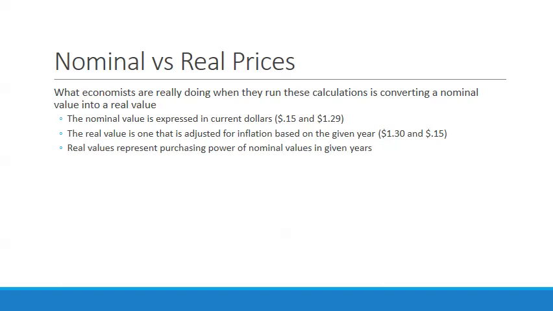Whereas that same amount in 1956 gets you a hamburger, and actually that 15 cents in real value is worth $1.30. That's more or less what this is trying to tell you. So the nominal value of a hamburger from McDonald's in 1956 was 15 cents, but the real value using 2012 dollars or 2015 dollars was $1.30. So you can see the difference in prices.